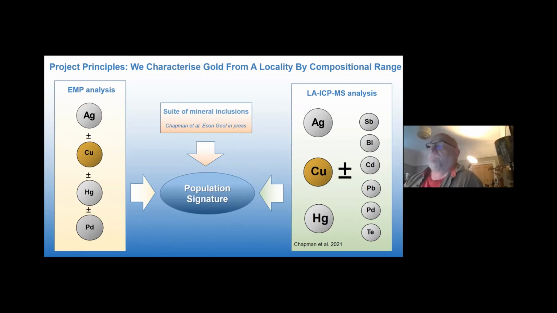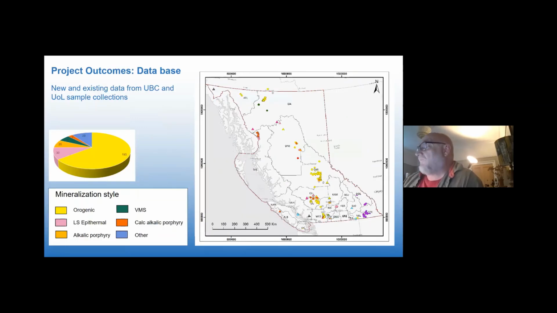So the hypothesis is that we can extend our range of detectable elements and provide more discriminants. Turns out it's not quite as simple as that, and that's a whole separate talk in itself, but we generally get some more useful information from LA-ICP-MS.